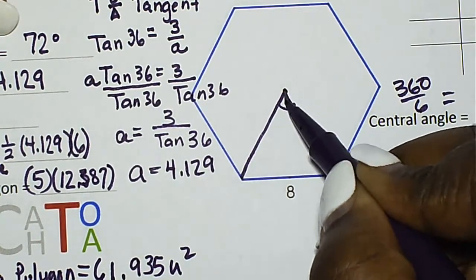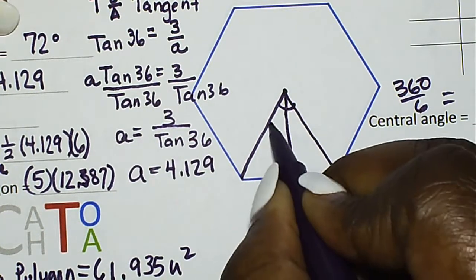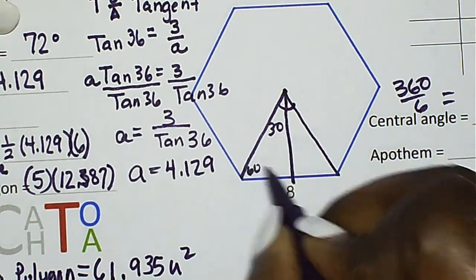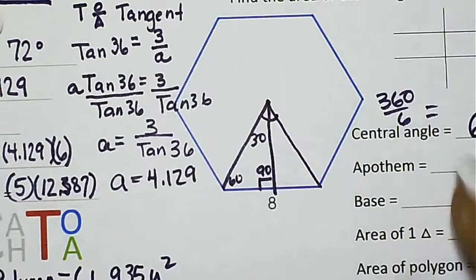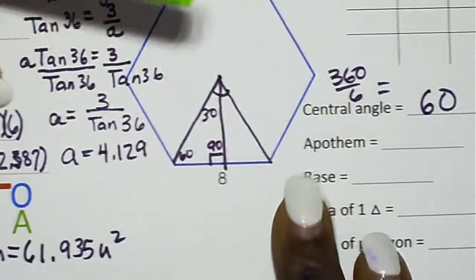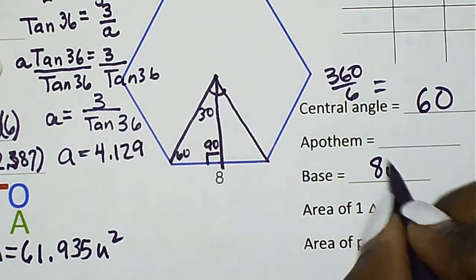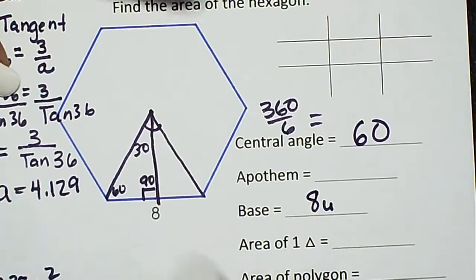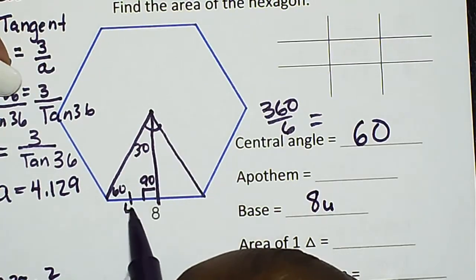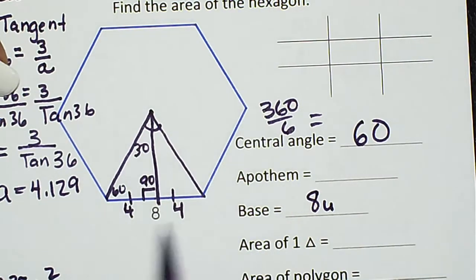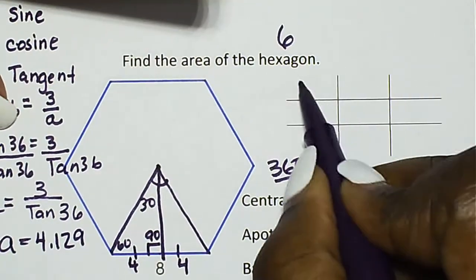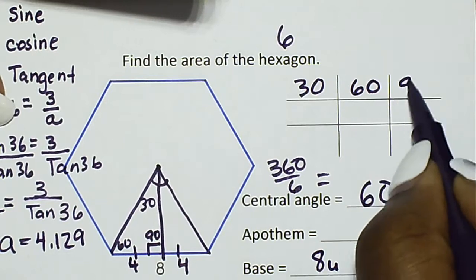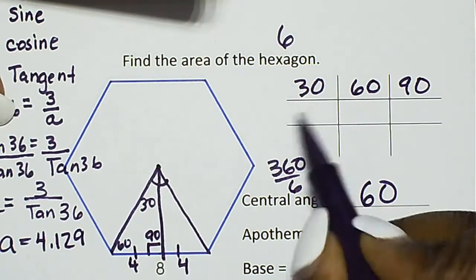If that's 60, when I divide it in half, this is 30, and this is 60, and this is 90. I know what my base is. My base is 8 units. It's right there. This side is 4, and this is 4 if I divide 8 into 2. So I have a 30, 60, 90 triangle I'm dealing with.